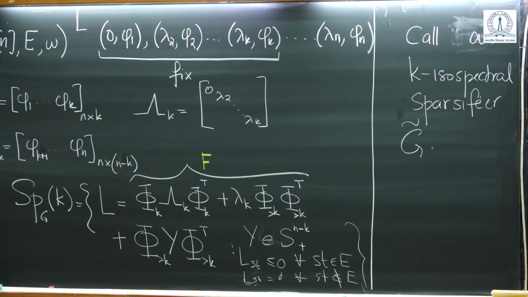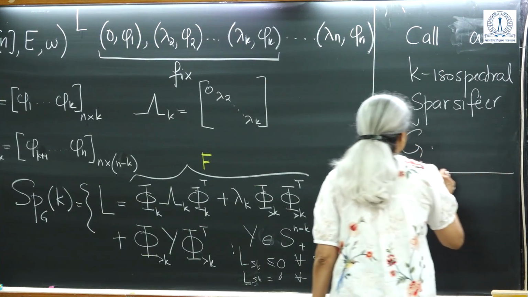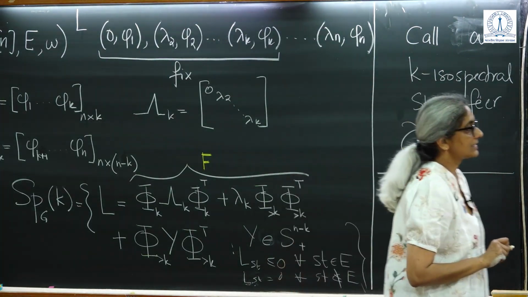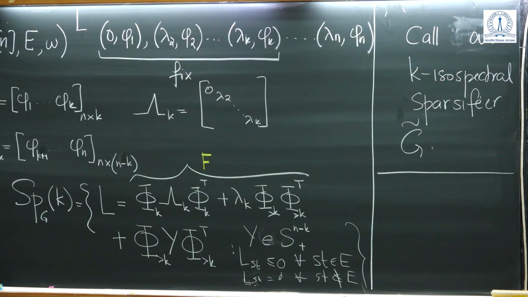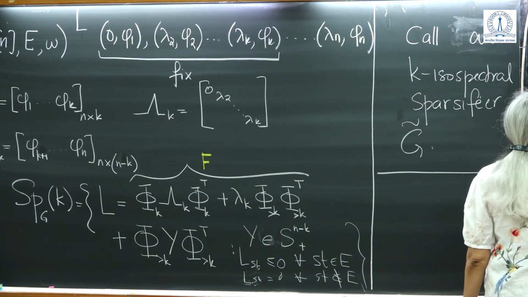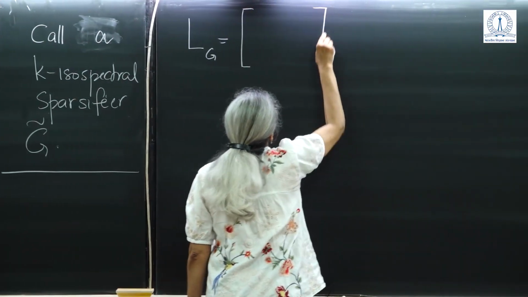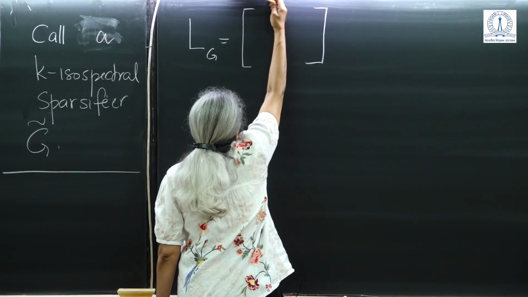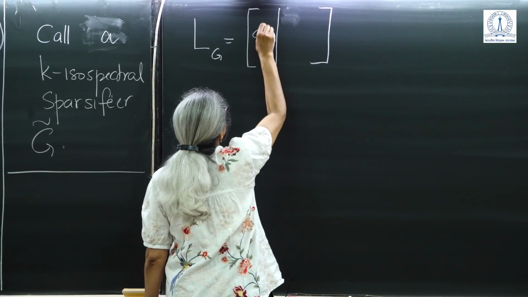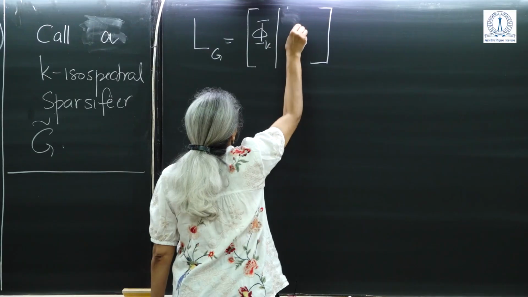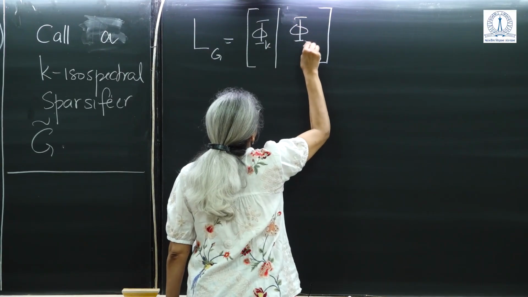Okay, so now, how does the Laplacian of the original graph look, right? So the original graph has a Laplacian that looks like, how does it look? So it has all the eigenvectors together. So let's say this is the part we froze. So this is phi k. This is phi bigger than k.